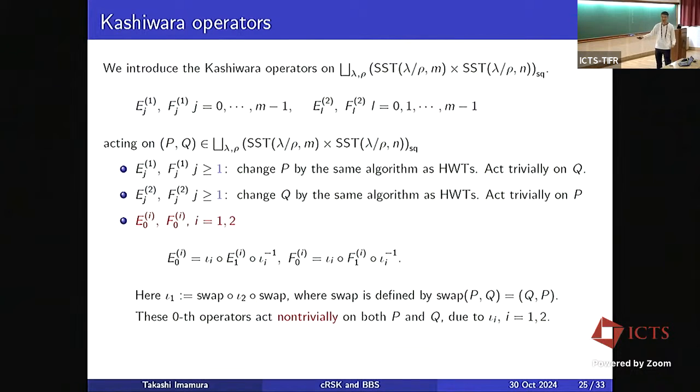As Tomohiro introduced, we also introduce the zero Kashiwara operators, E10, F10, E20 and F20, in this form, by using iota 1 and iota 2.